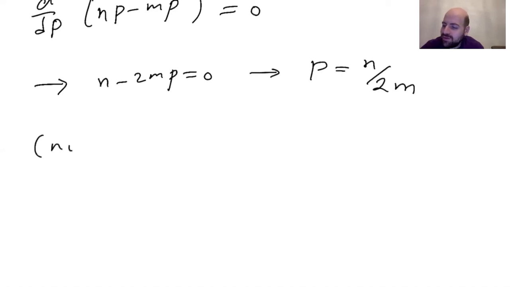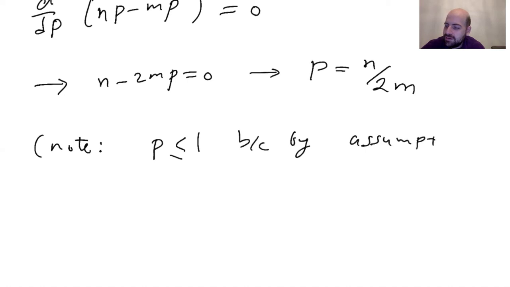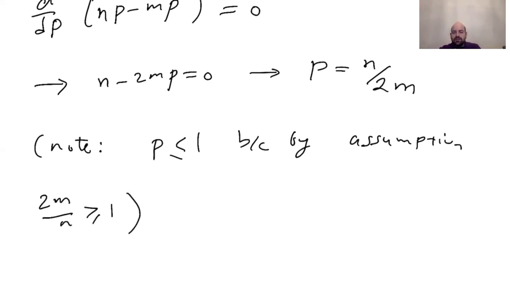So note P is less than or equal to 1, because by assumption 2M over N is bigger than or equal to 1. I cannot accept a probability which is bigger than 1. But this number N over 2M is less than or equal to 1 because my assumption was that 2M over N is bigger than or equal to 1.